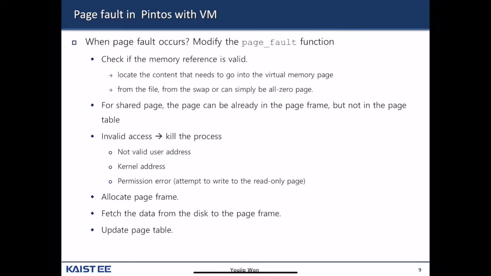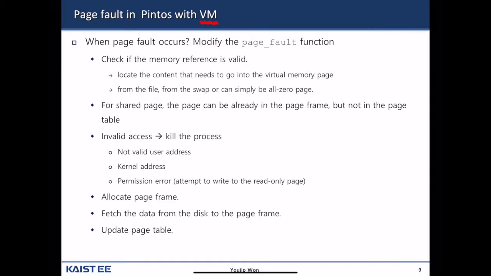So let's conceptually explain how Pintos handles a page fault when you implement virtual memory. When a page fault occurs, what is Pintos supposed to do? First, it has to check if the memory reference is valid or not. If it's valid, then it needs to locate the contents that need to go into the virtual memory page.